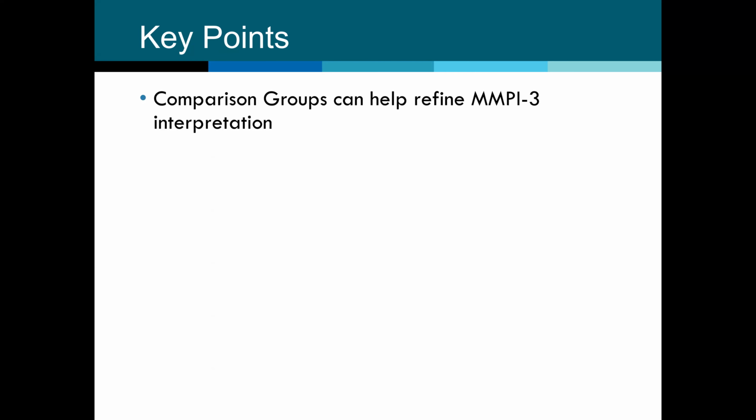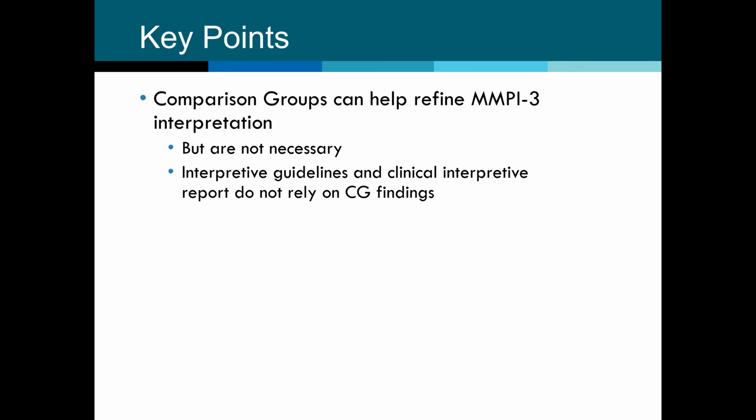So some key points and takeaways for this webinar on the comparison groups. Comparison groups can be very helpful, and they can help refine MMPI-3 interpretation. But one important point is that they're not necessary. So it is possible to interpret an MMPI-3 without comparison groups.